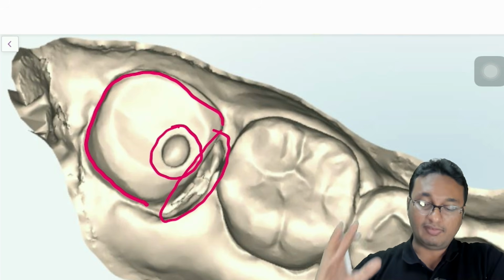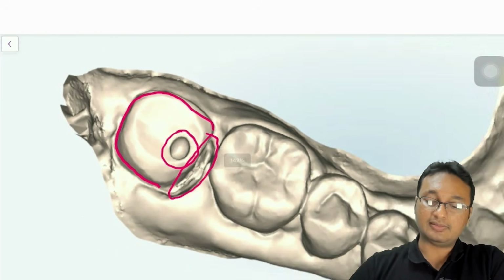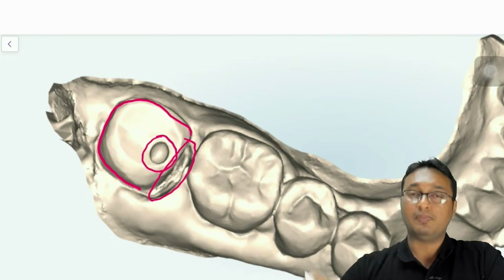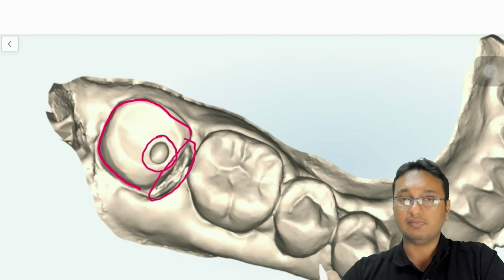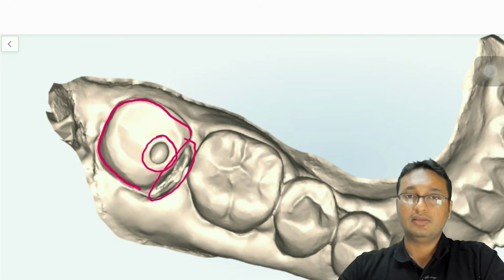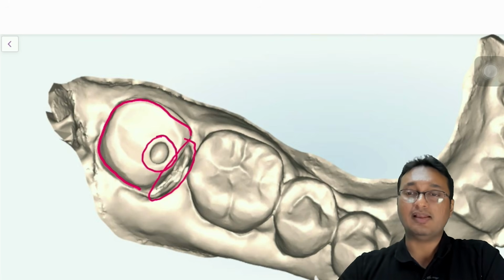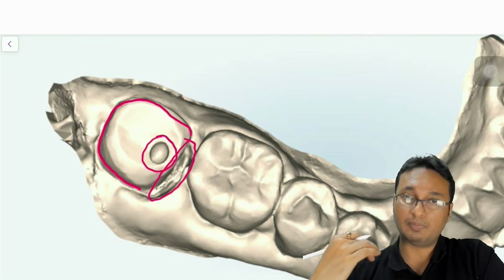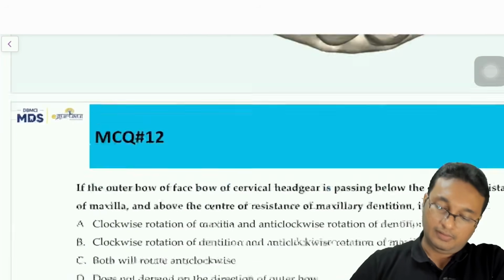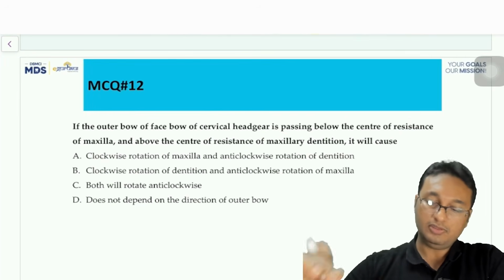So the reason why I'm showing you this picture is that whenever there is inability to maintain proper isolation, and whenever there is saliva, whenever there is bleeding, you have to wait until the bleeding and saliva has stopped, and then you are supposed to take the scan for better accuracy. Okay. All right. Next question.